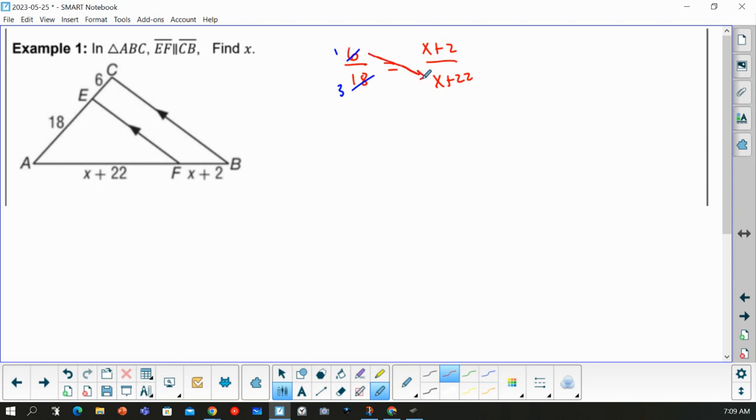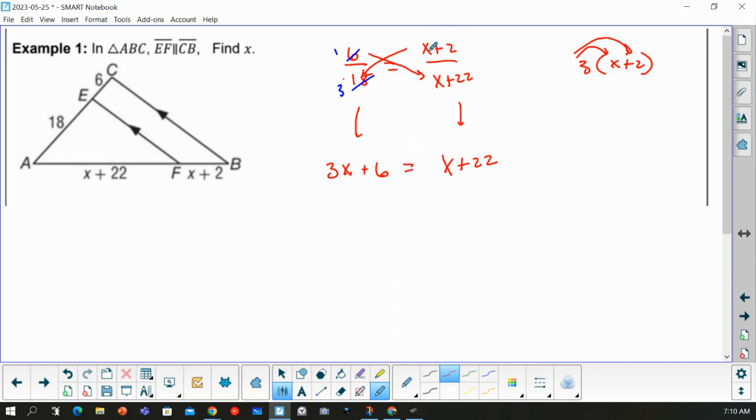1 times the x plus 22 is x plus 22. X plus 2 times the 3: the 3 is times both, so 3x, and then 3 times 2 is 6.